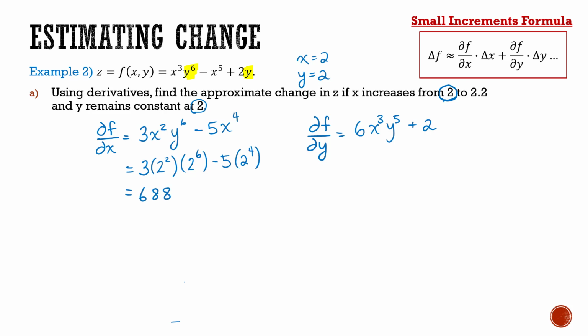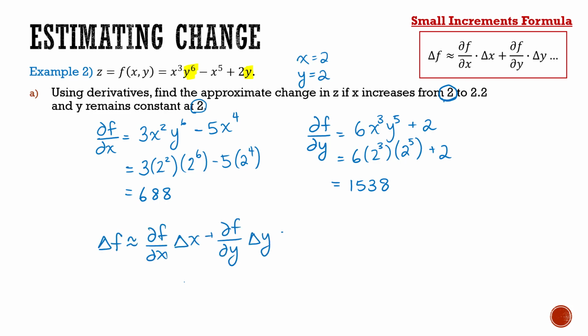Now I'm going to repeat this process for my partial derivative with respect to y. I have 6 times my x, 2 cubed, times my y, 2 to the power of 5, plus 2. And this is going to give me 1,538. Now I can use the small increments formula to estimate the change in f. Now df by dx is 688.